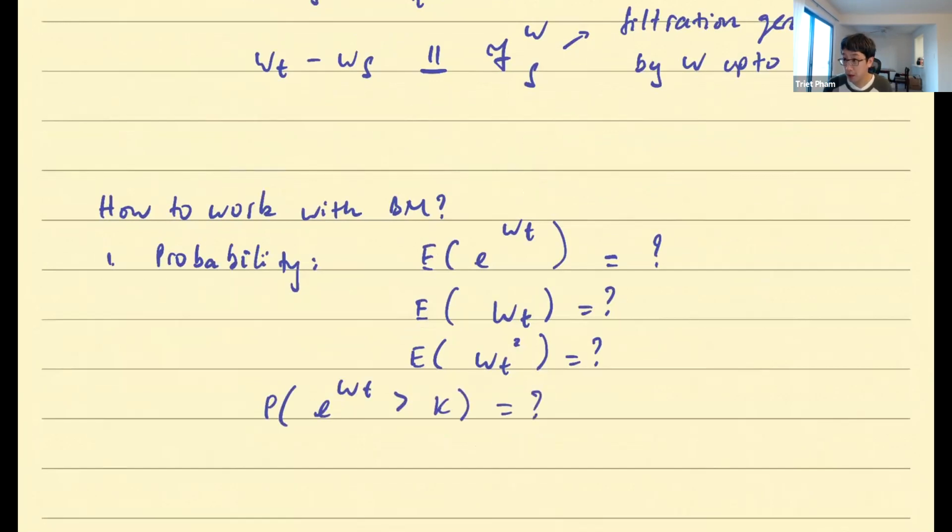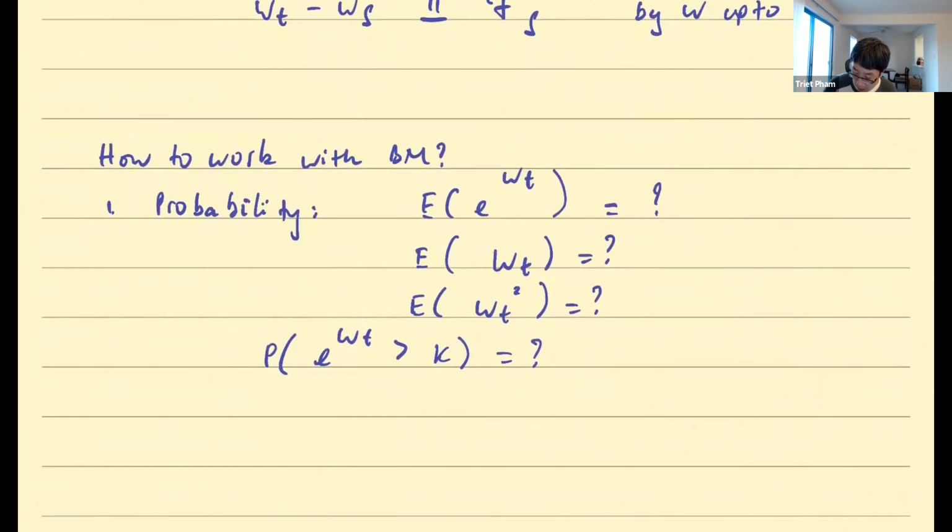These are easy statements, right? I hope that everyone can figure that out. A little bit more sophisticated statement would be conditional type. Conditional type would be something like, for S less than T, what is the conditional expectation of e to the W_T based on all the past history of W up to and including time S, for example?